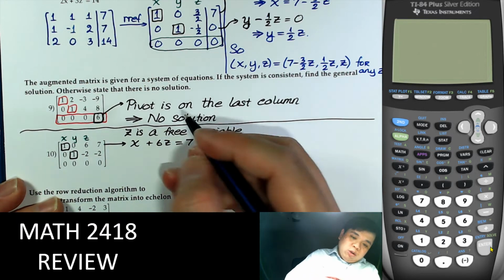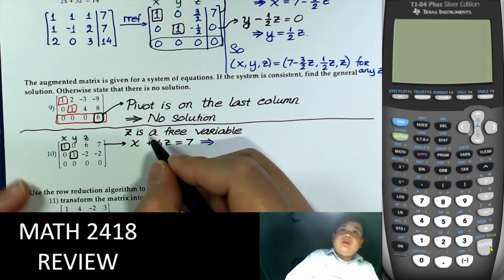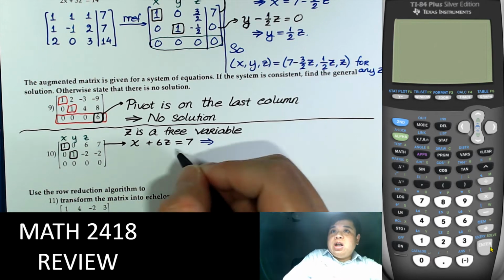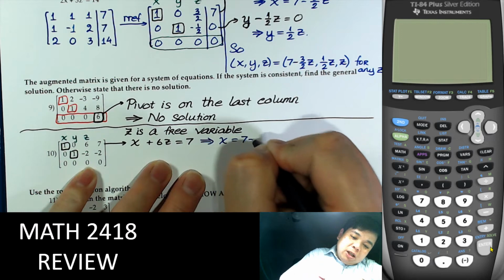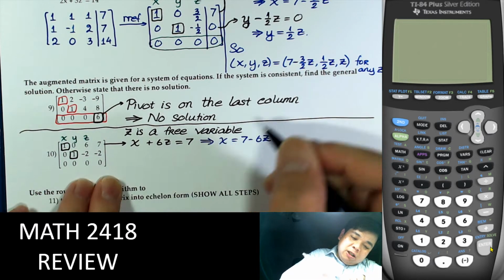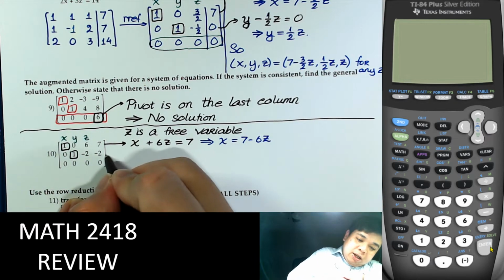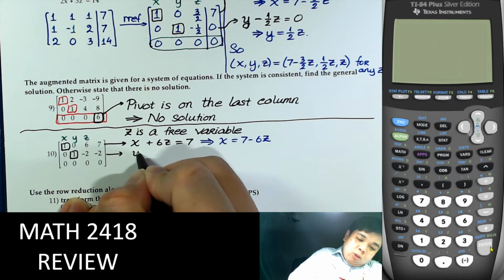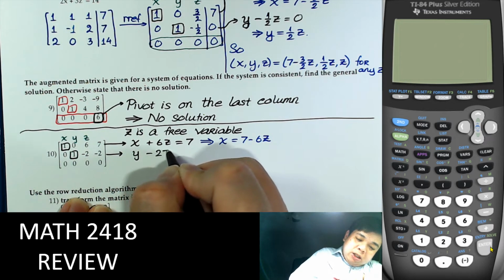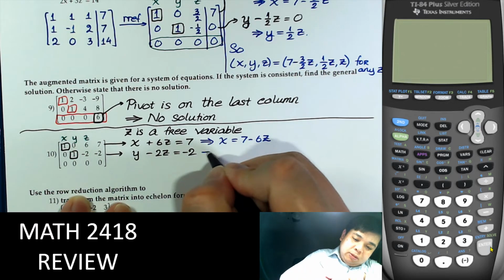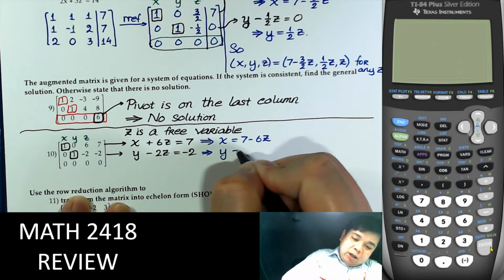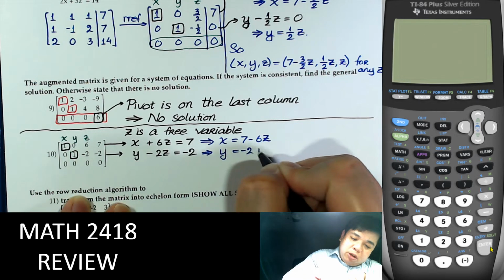If we want to solve for x, we always solve for the basic variable in terms of a free variable. So x equal to 7 minus 6z. Second equation, we have y minus 2z equal to minus 2. So y equal to minus 2 plus 2z.